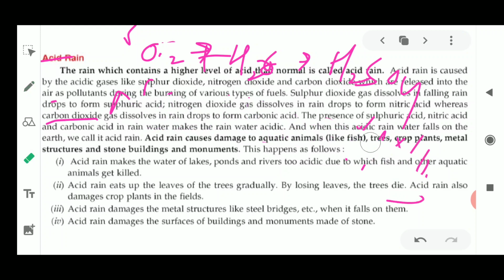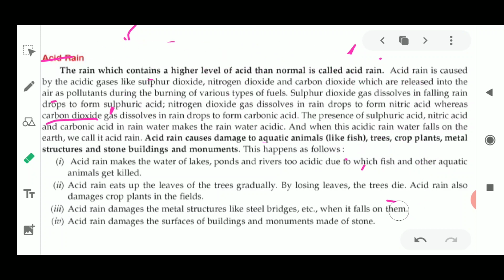Then carbonic acid is formed when carbon dioxide reacts with water present in the clouds. Now whenever rainfall happens, it precipitates and comes down on the earth's surface in the form of strong acids, that is sulfuric acid, nitric acid and carbonic acid.